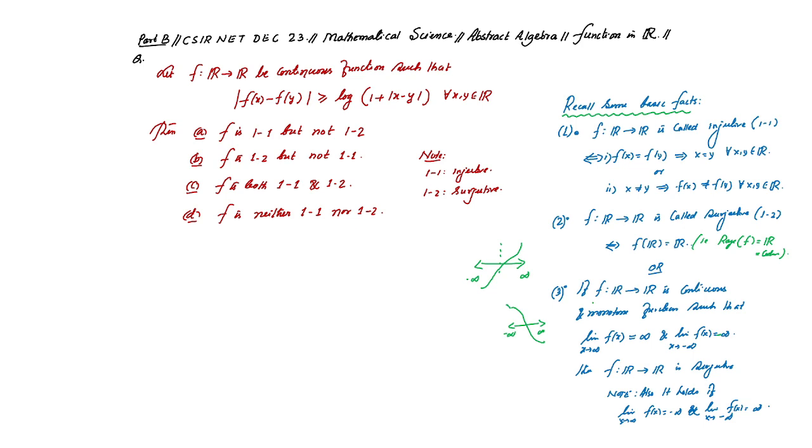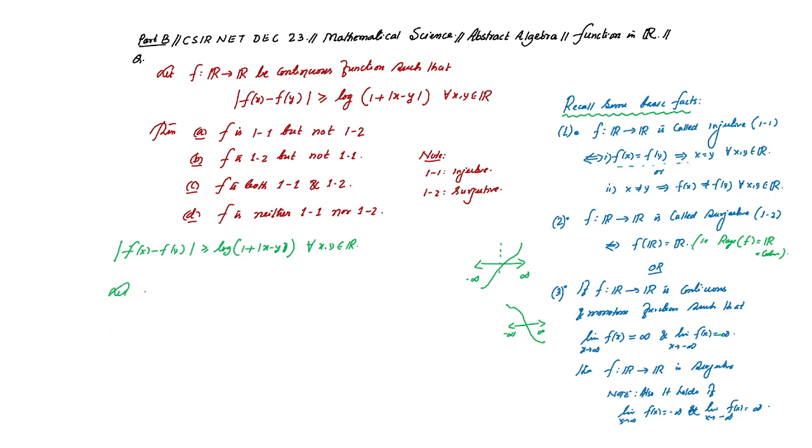Now we come to the problem. What is exactly given? It is given that mod of f(x) minus f(y) is greater than or equal to logarithm of 1 plus mod x minus y, for all x, y belongs to R. Now, let us try to prove with the help of this condition.